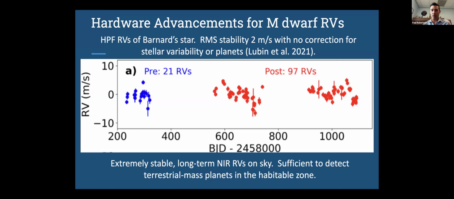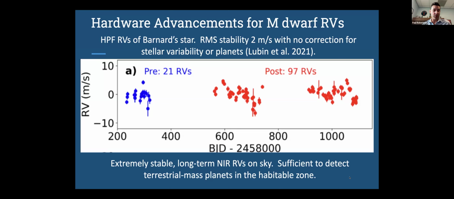So this is showing we can, limited by astrophysics, get down to something like a meter per second on a quiet star. And again, with the M dwarf advantage, this is sufficient to potentially detect Earth mass planets in the habitable zones of some of these nearby stars.